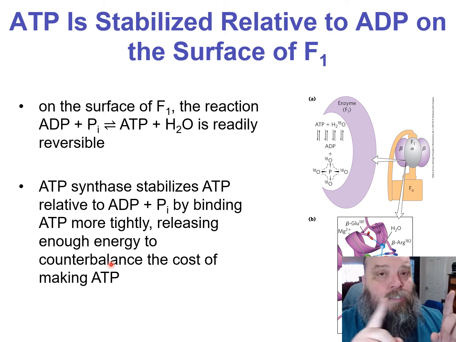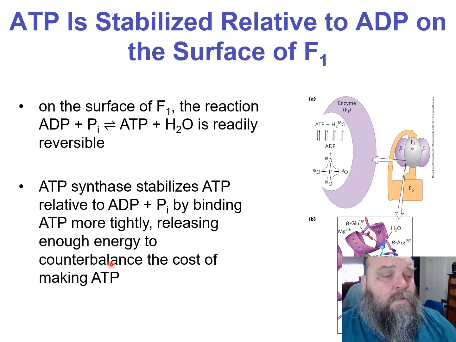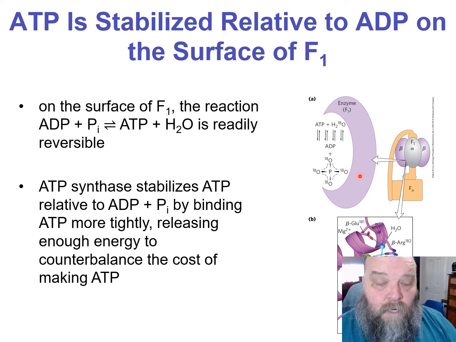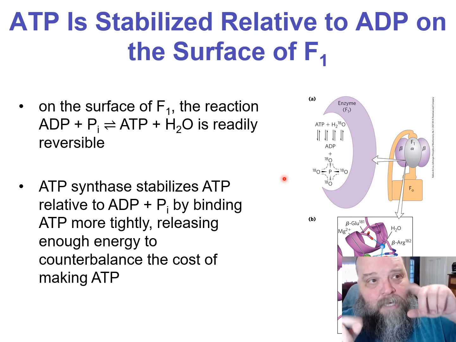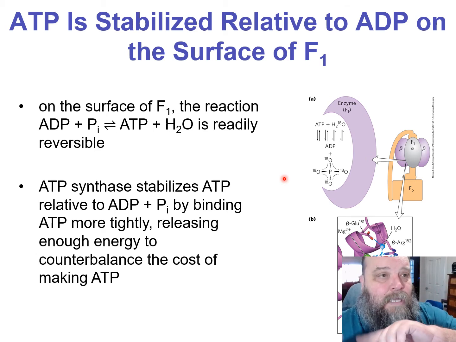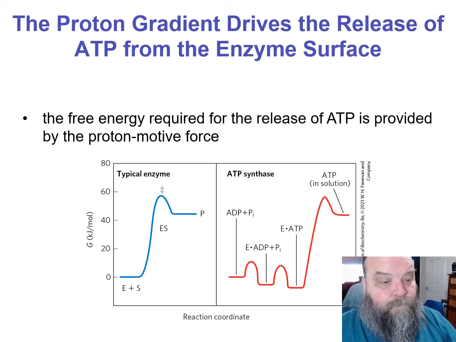Here the reaction is tilted left to right, ADP to ATP, because of the interaction of the F1 subunits with ATP, not so much ADP. So it's tilting the reaction more left to right, and greatly reducing it right to left.